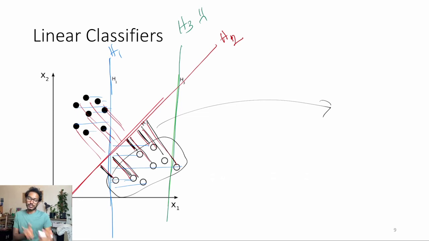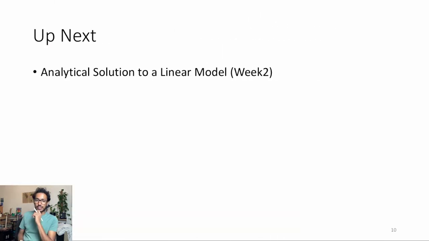So it's not the best classifier line, while H2 is a better classifier line. So this is another linear model which we are not going to talk too much about at this point. And that's what we talked about today.